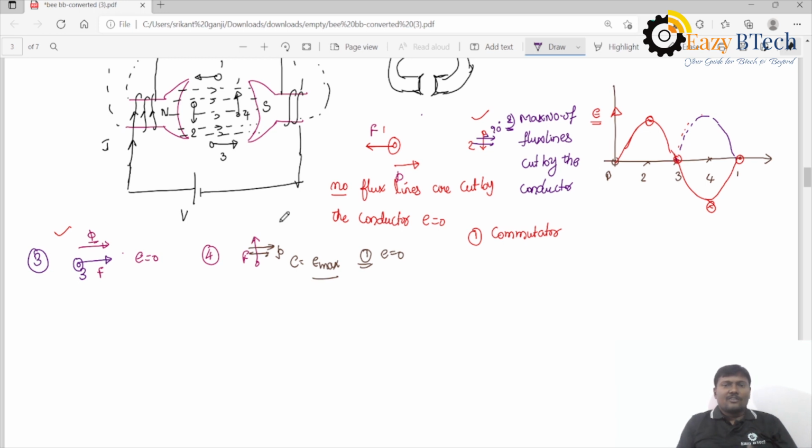And this is the principle of operation of a DC generator. Whenever the flux linking with the coil changes, an EMF is induced.